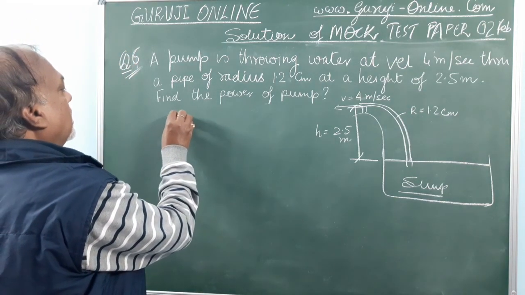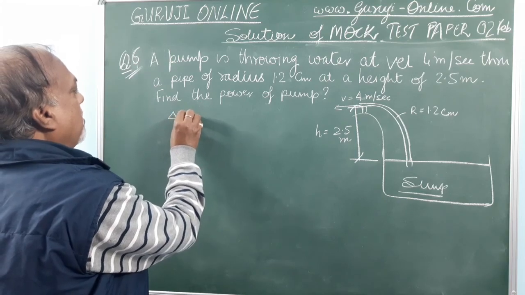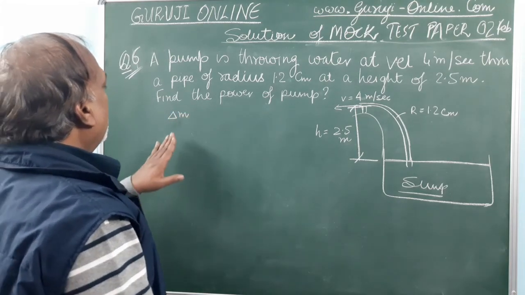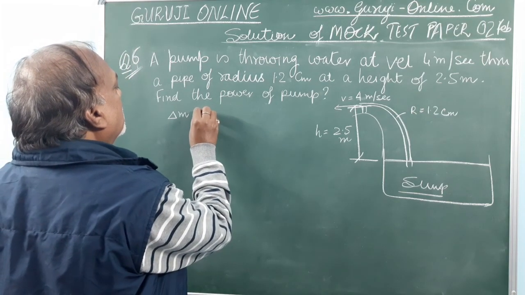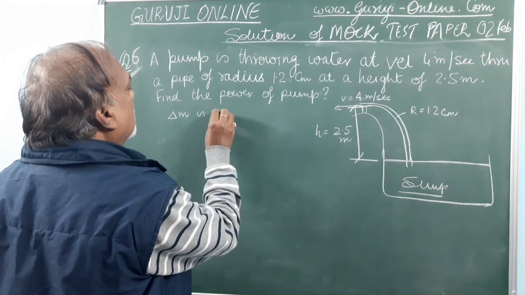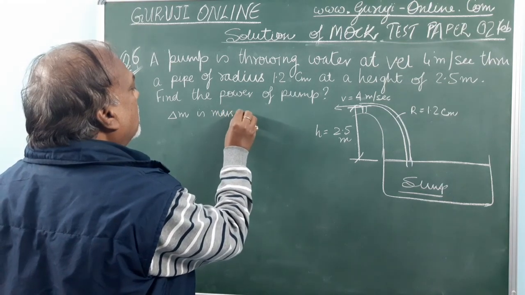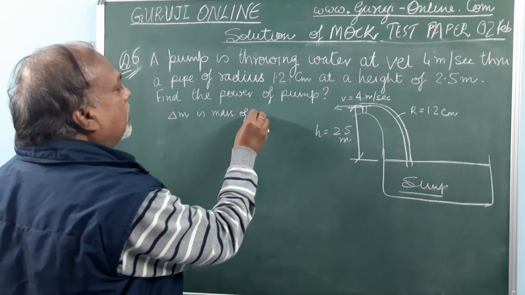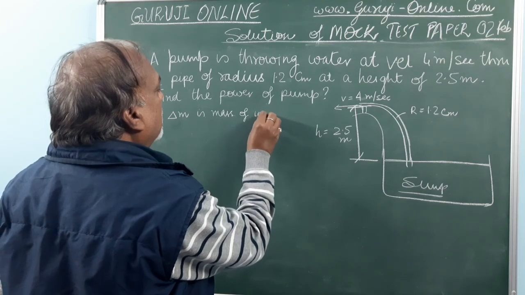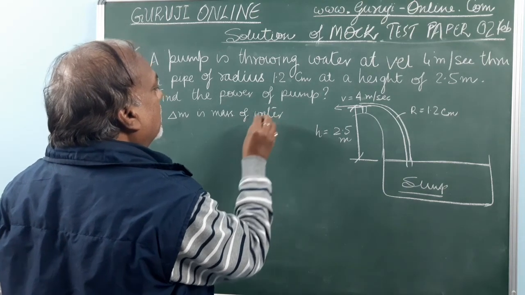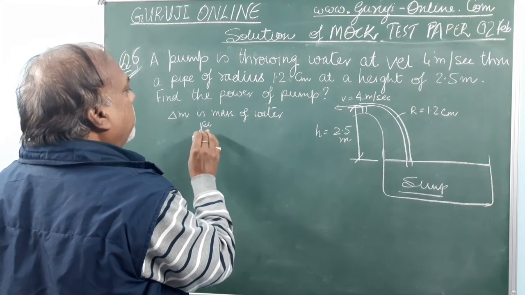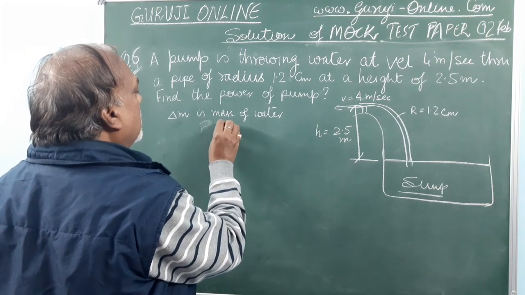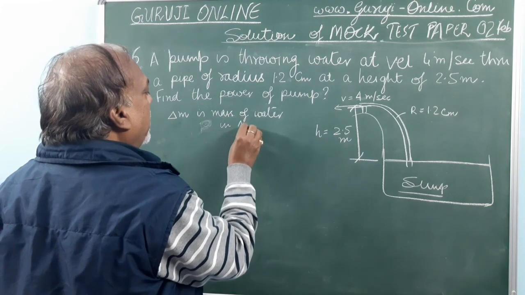Suppose delta M is the mass of water being delivered in delta T.